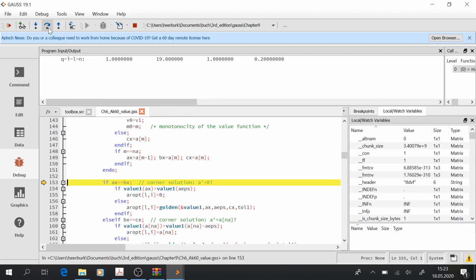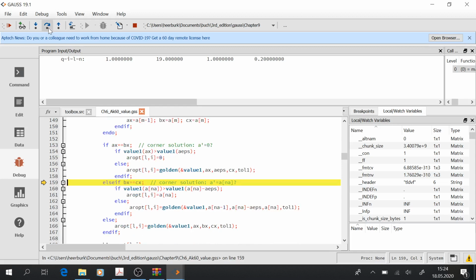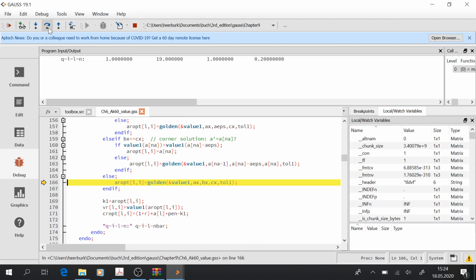And therefore, we are done with this search over the interval on which we apply the golden section search. We do not have the case of a corner solution, neither at the lower limit a equal to 0, nor at the upper limit a equal to 10, the largest limit on the individual wealth.